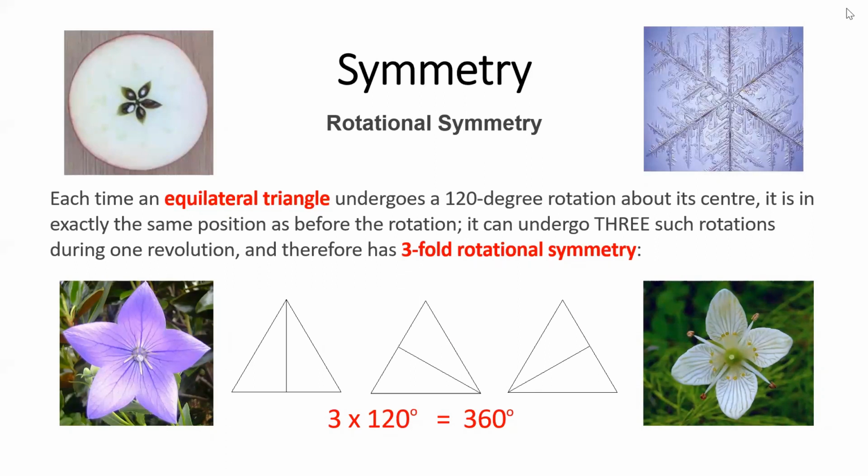We're all very familiar also with the fact that water, when it freezes, due to the way the hydrogen bonds form between the water molecules, we get a beautiful hexagonal crystal structure in ice.